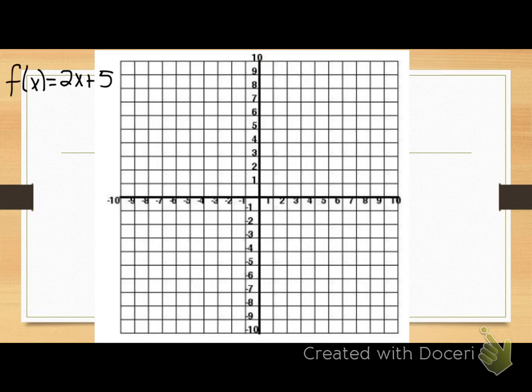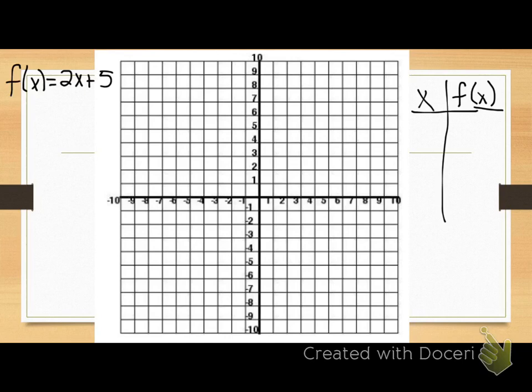So that's what we're going to do here as well. Instead of a y column, what's my second column going to be? F of x. But we treat f of x like y, so this will still give us our ordered pairs that we can graph. Does it give me specific x values to plug in? No.